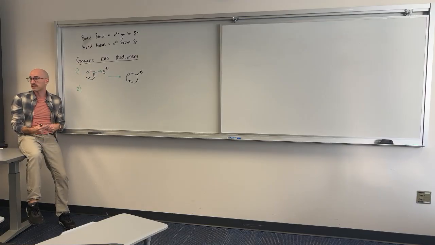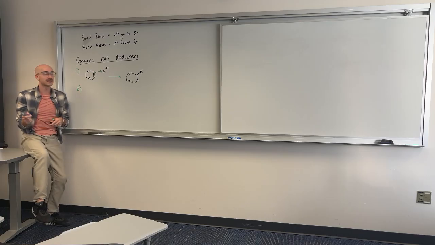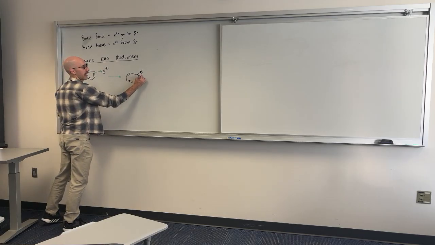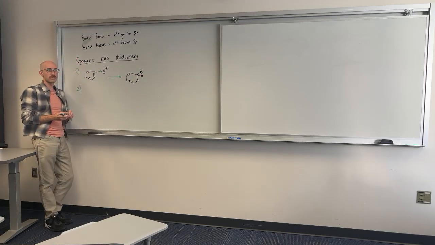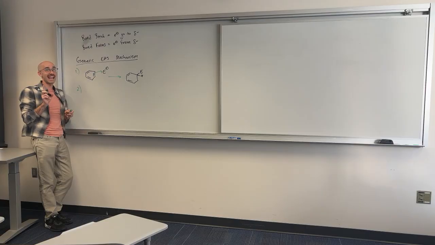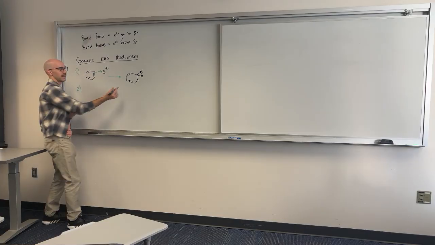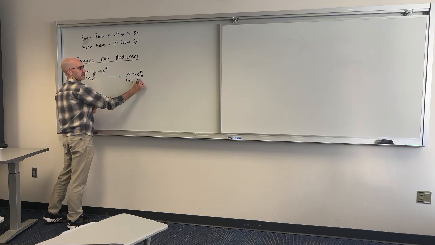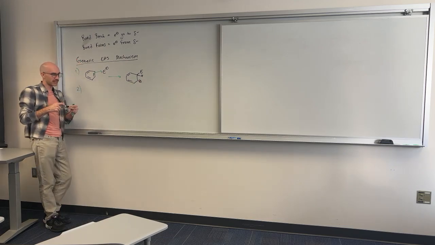That's not changing at this step. So if it clarifies it more, draw in that hydrogen as a reminder that it is an sp3 carbon right now. This other carbon also has a hydrogen, and because of that, it's sp2 carbocation. Notice the conservation of charge.